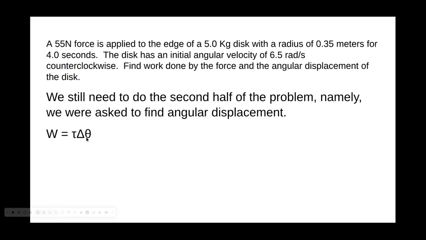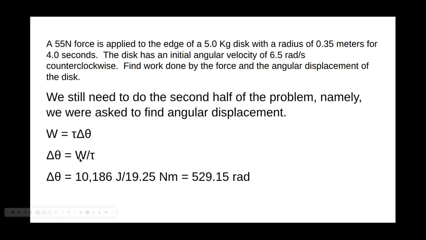So if we go back to this formula, delta theta, we just got a value for this, and we have a value for this. So this is 10,000 divided by 19.25, and that gives us 529.15 radians. And again, if you divide that by 2 pi, that tells us that it went around 84 times.